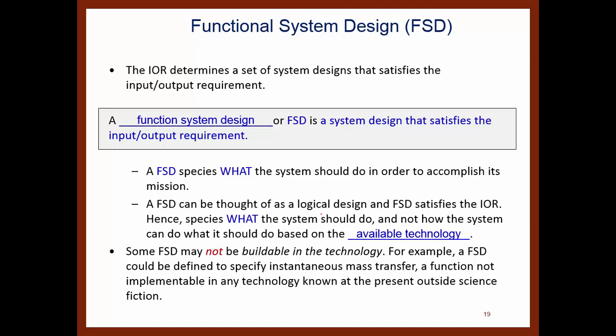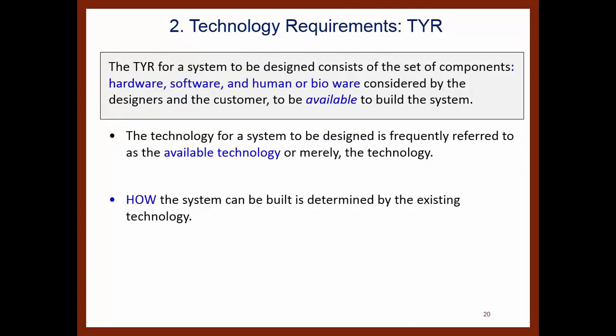A function not implementable in technology known at present outside science fiction. So at this point, we're saying, okay, input, output, how can we transform this? Let's assume that we have this, or let's think that we can build something like this. But we are not worried about technology right away. We're going to worry about that in the next step, which is the technology requirement.